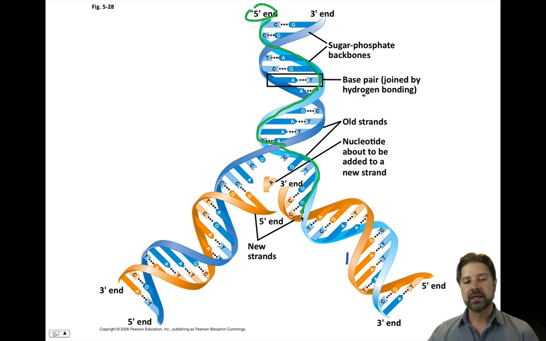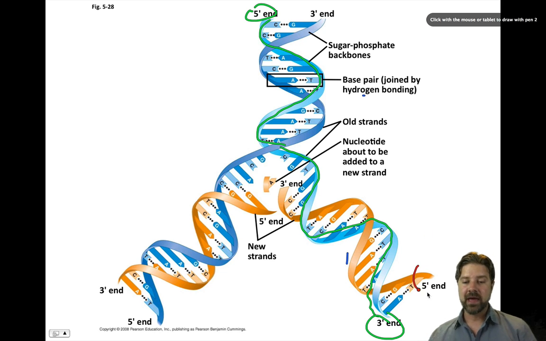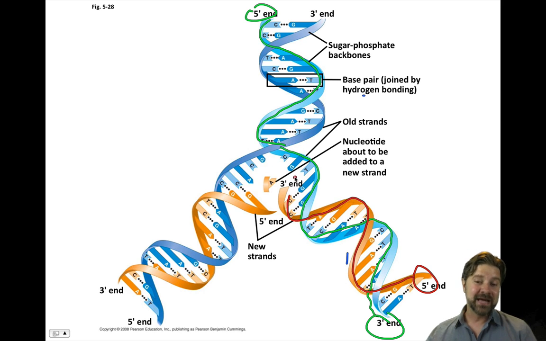Notice that it's going to keep coming down here, and it's going to wind up at a 3' end. I started with the 5' and I ended with a 3'. Now, the opposite strand, notice that here I have a 5' end, and this one again goes the other direction, and since it's being built, it's going to stop right here at its 3' end.